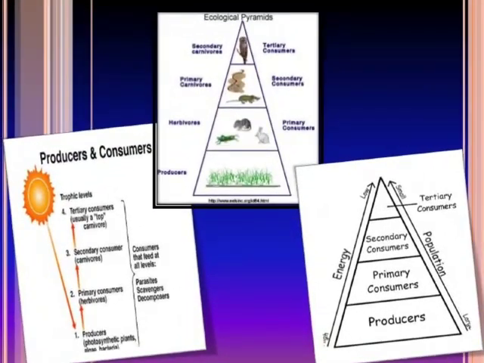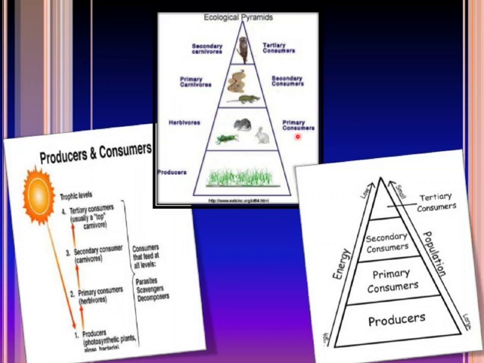Yes, let us see that with a picture. So this is an ecological pyramid. Here you can see the representation of the living organisms in pyramid form, in a triangle form. This kind of representation of the levels of food chains in a pyramid is called an ecological pyramid. These are producers, these are herbivores.